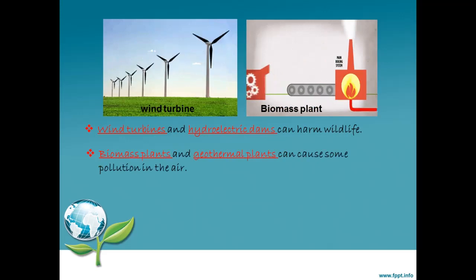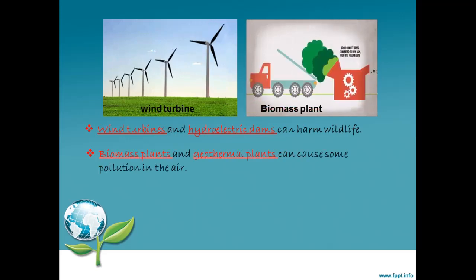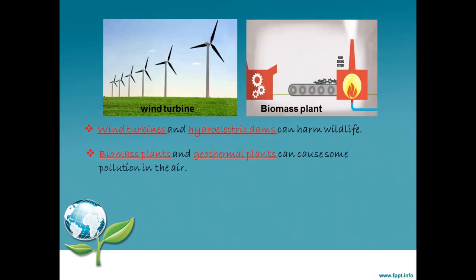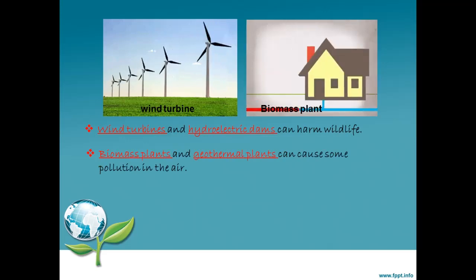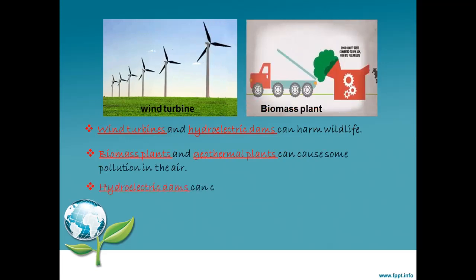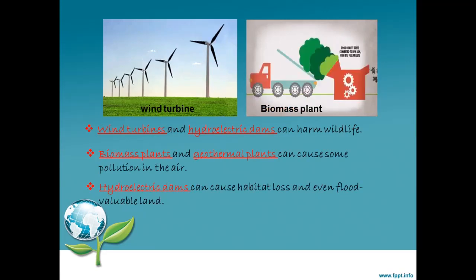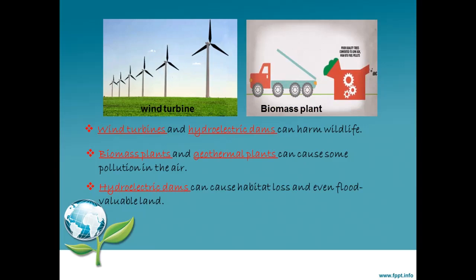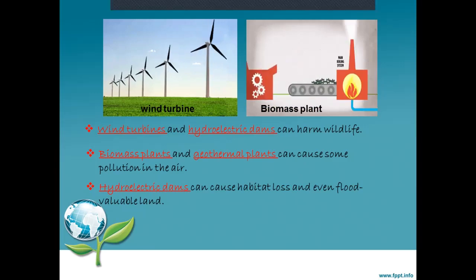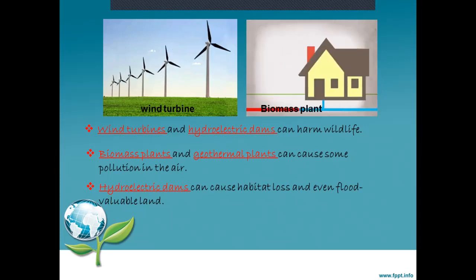Like burning garbage, it produces air pollution. Like wood, guys, it produces carbon monoxide that can be very harmful to people and to animals. And the last one is hydroelectric dams that can cause habitat loss and even flood valuable land. So hydroelectric dams cause a reduction in animals and plants after the flooding.